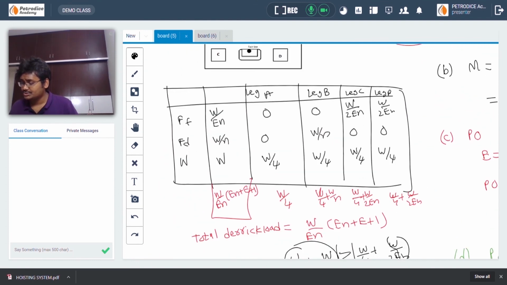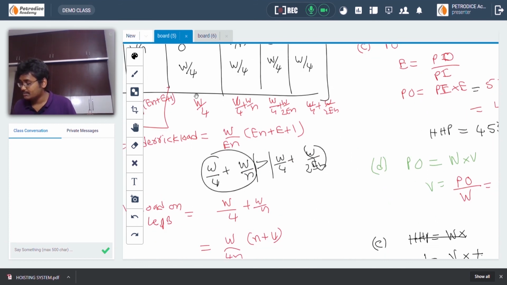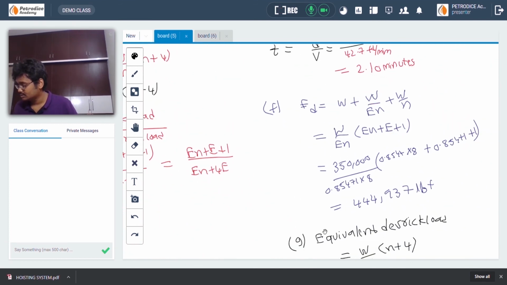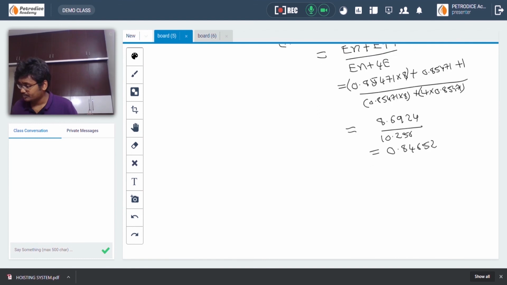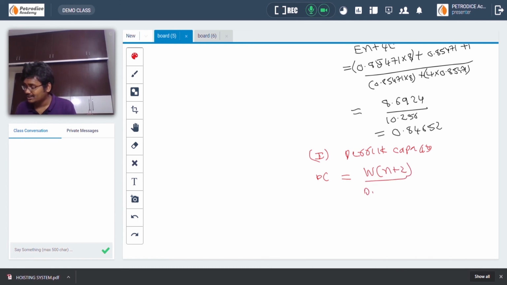The next question is derrick capacity and base mat size. HI is derrick capacity. It is given by DC equals W into n plus 2 divided by derrick efficiency factor into n, plus weight of crown block.